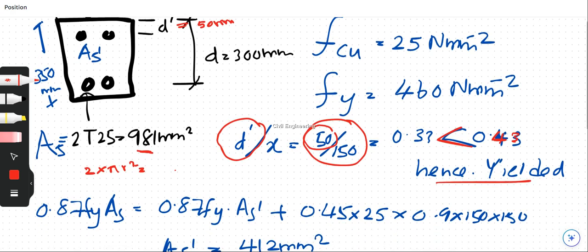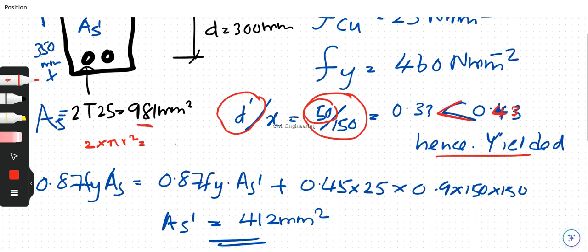As the tensile forces and the compression forces inside this section are equal to balance, to make the equilibrium, we can use this equation.